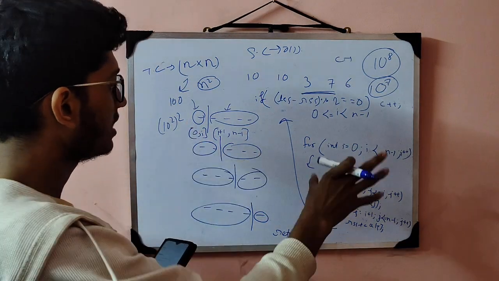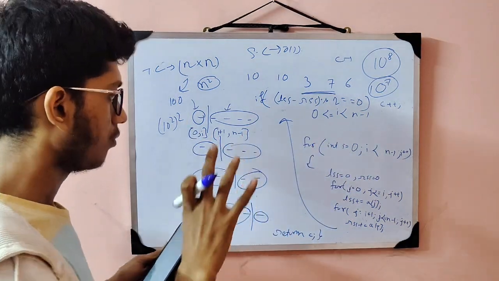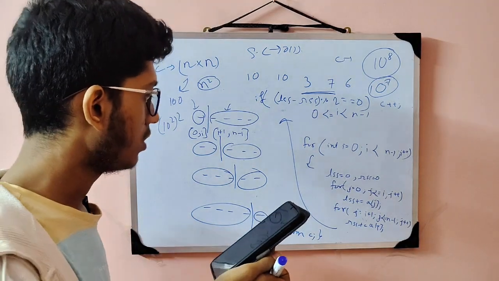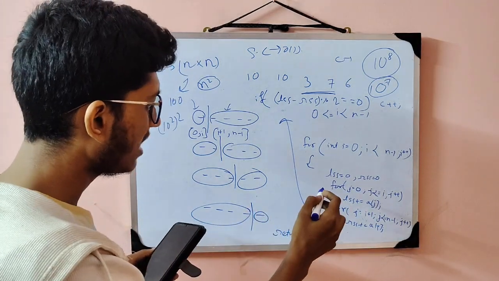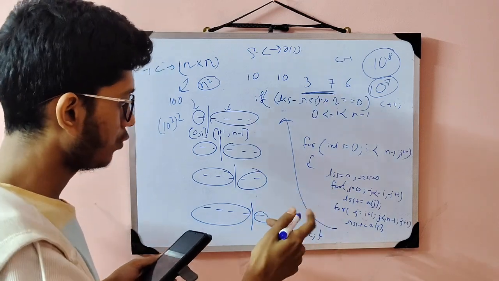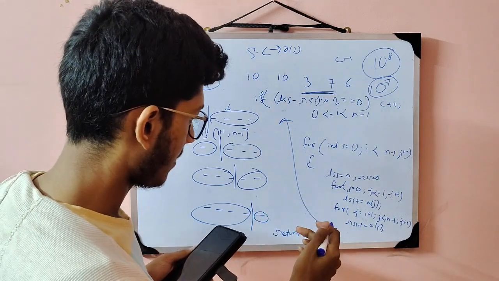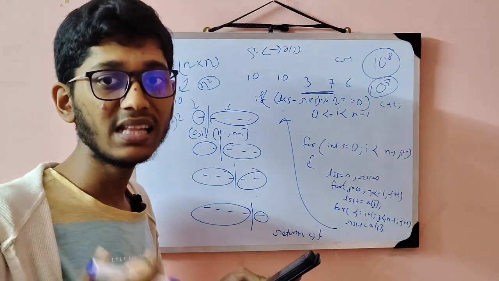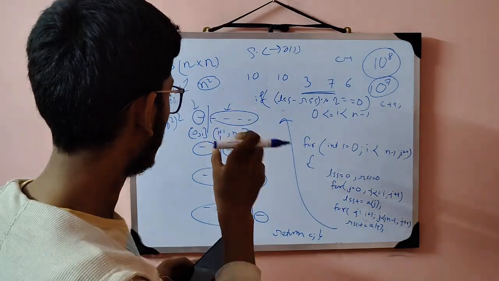We can do one thing here. If you see, we don't need to calculate the left subarray sum and right subarray sum again and again for each partition.